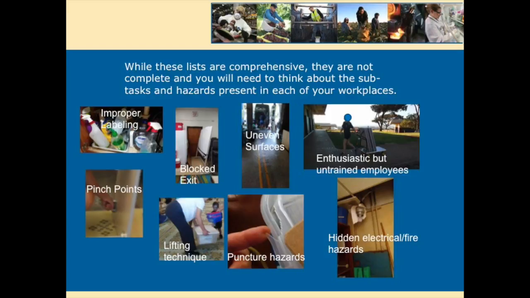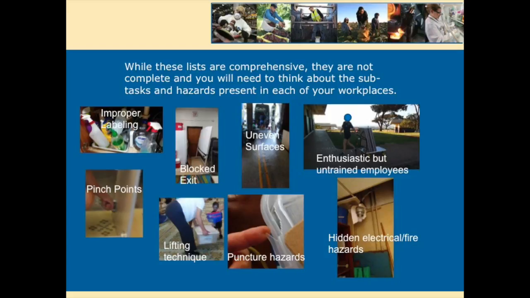A blocked exit. OSHA loves to cite businesses for stuff like this. That's why I take pictures of them and share them with you guys so that we can get the word out that these things are not acceptable in our workplaces. Those are the two worst ones probably for citation.